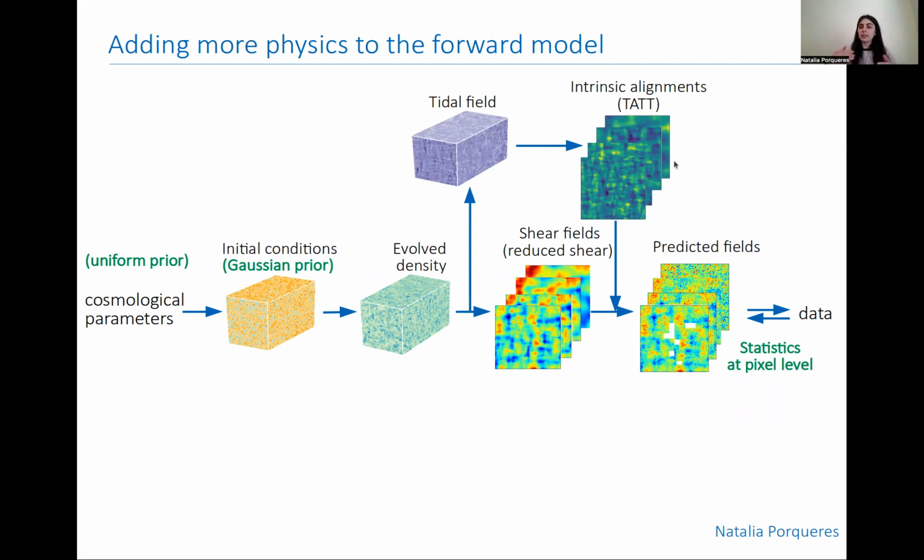We do that in 3D, and then we average them along the line of sight. So we incorporated the TAT model that accounts for tidal torquing and nonlinear alignments of the galaxies. And then basically our predicted fields are going to be the shear fields that include the intrinsic alignments signal.